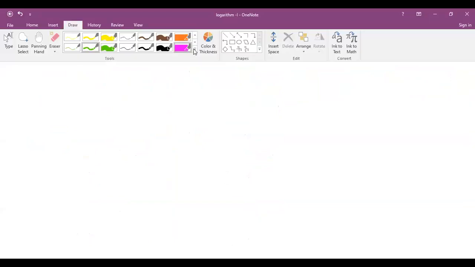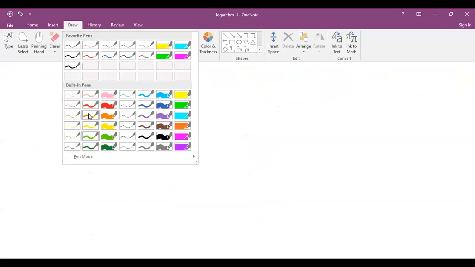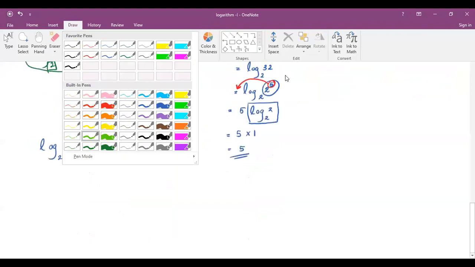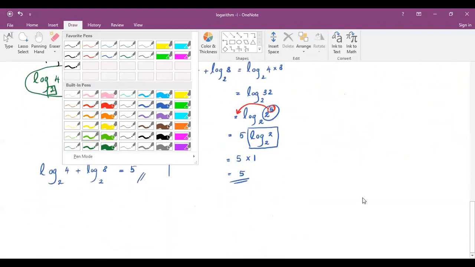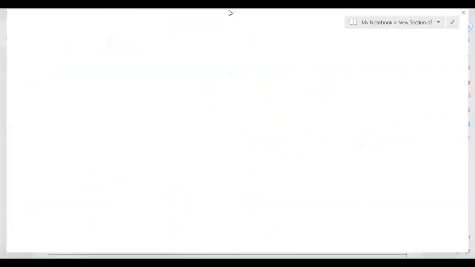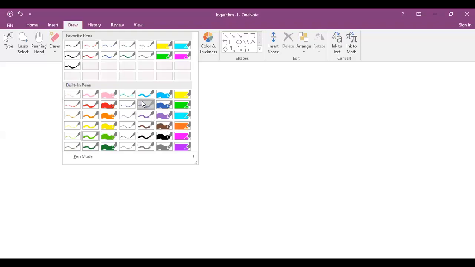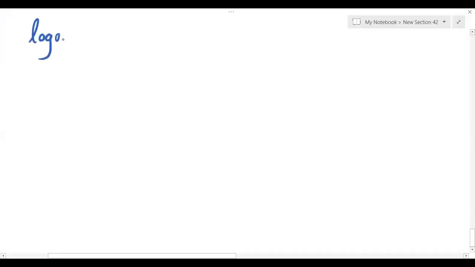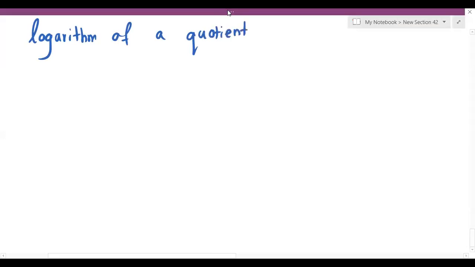It is the quotient or the division of a logarithm. Quotient means division.